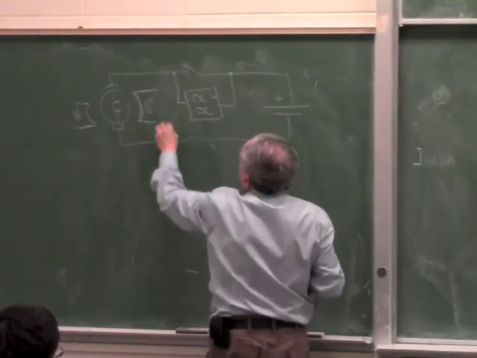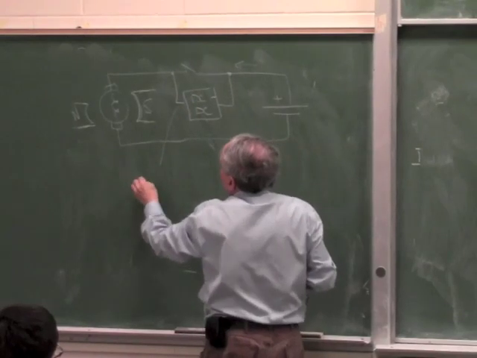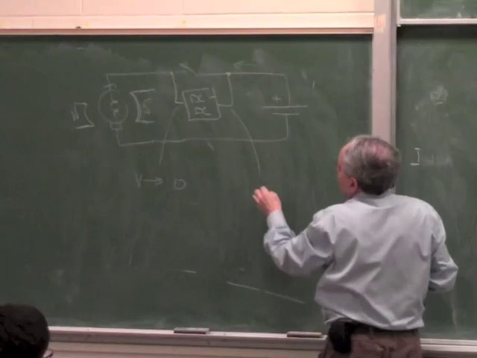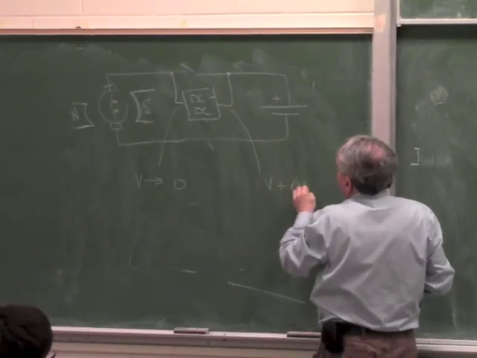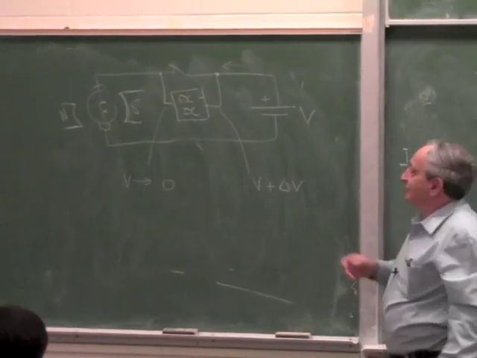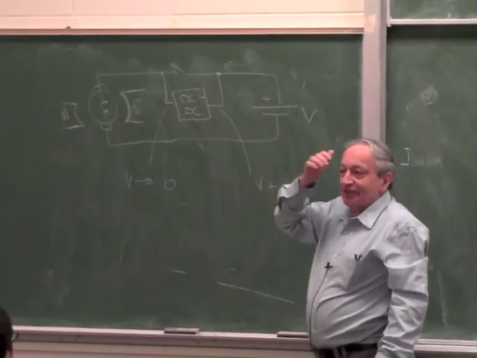So the input voltage will vary from V all the way to 0, but the output voltage will always be V plus delta V, where battery voltage is V. Okay, so we will force the current to the battery.